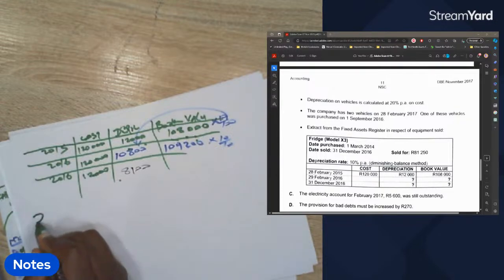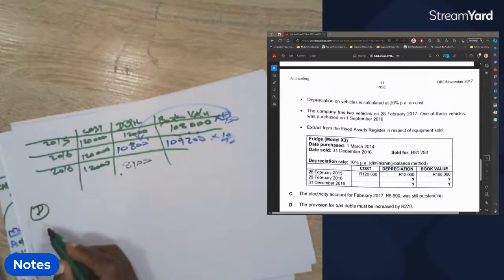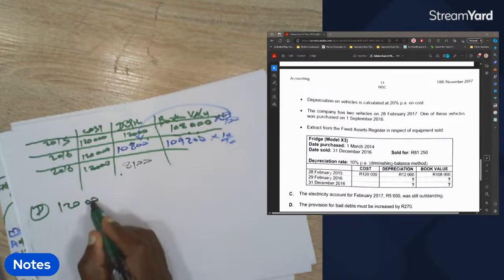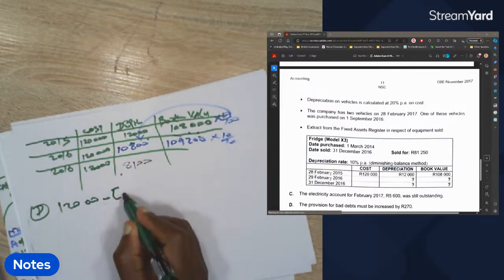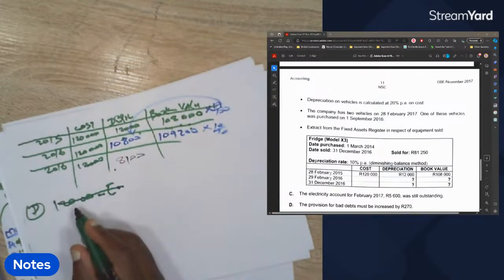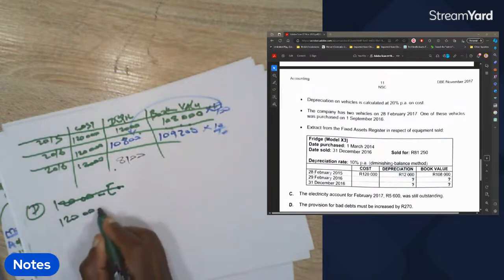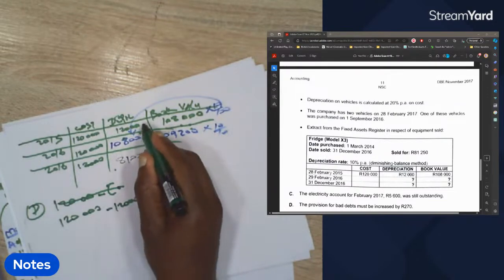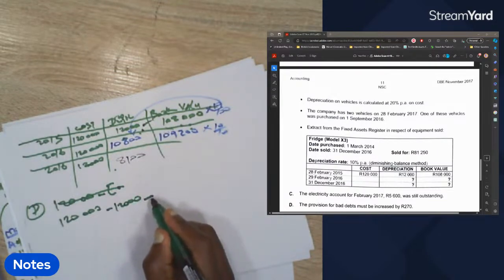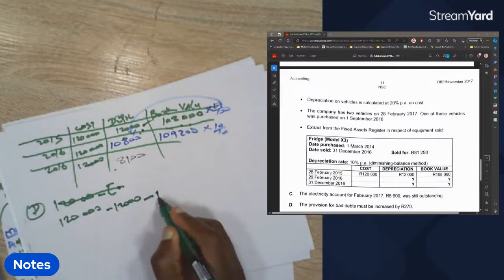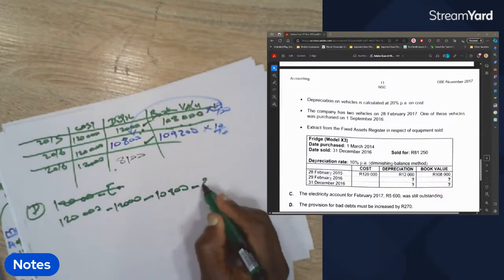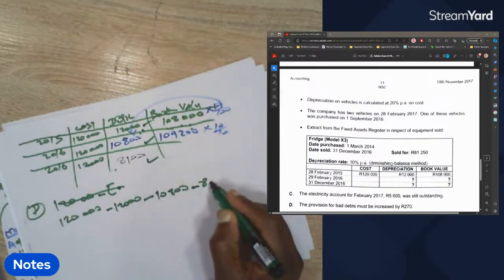If we calculate the duration, so which means UD, it's 120,000. All these figures are there on the table. So 120,000 for cost price minus 12,000 from the table above, minus 10,800, now 10,800 minus 8,100, right?